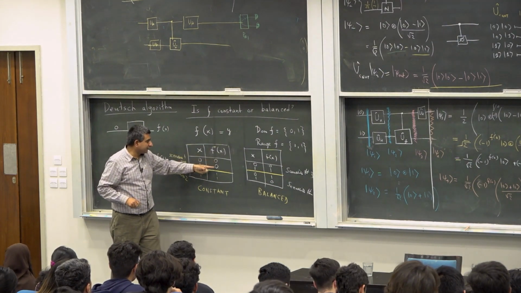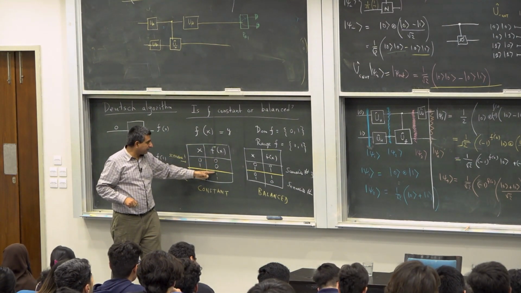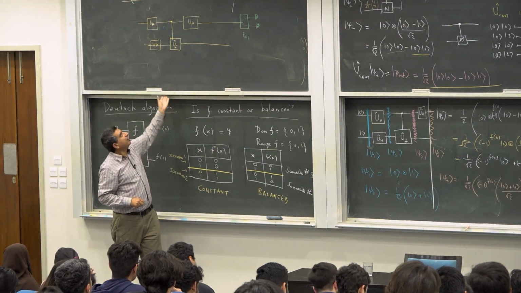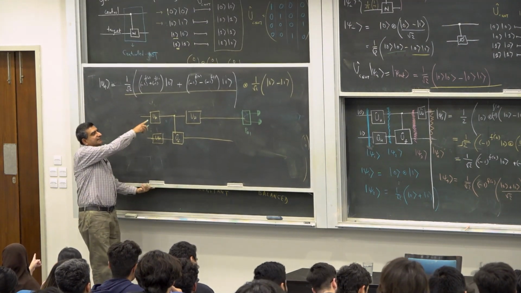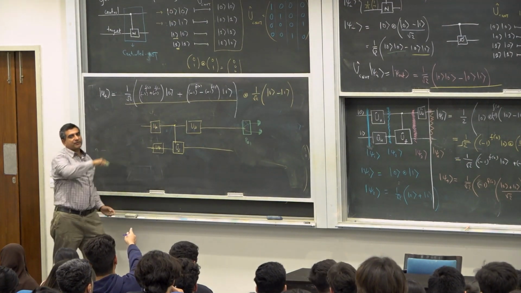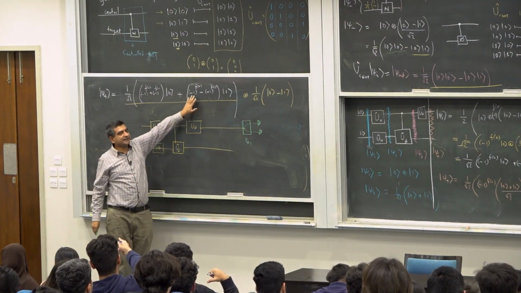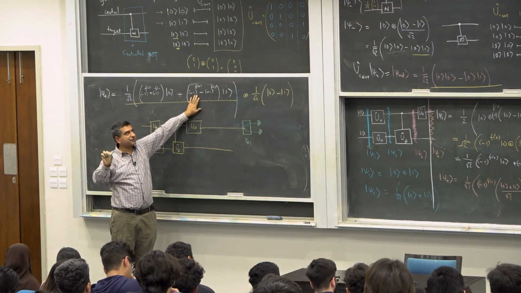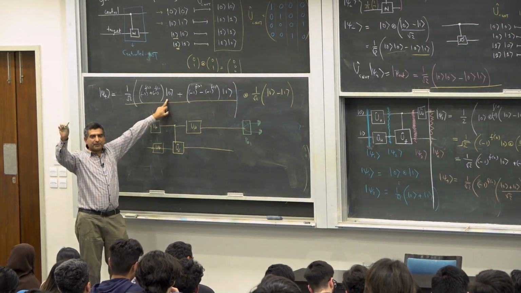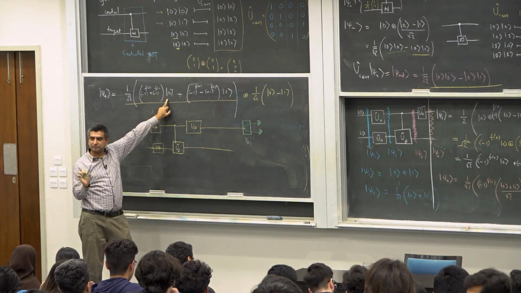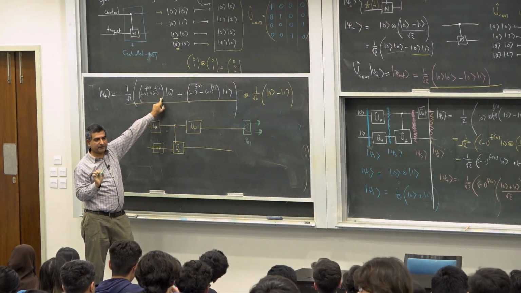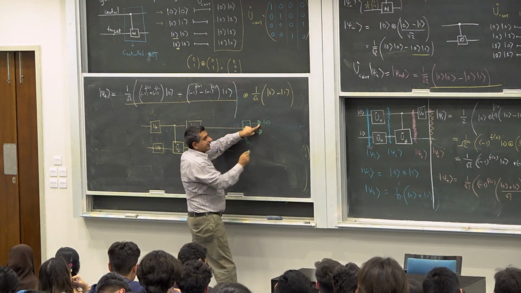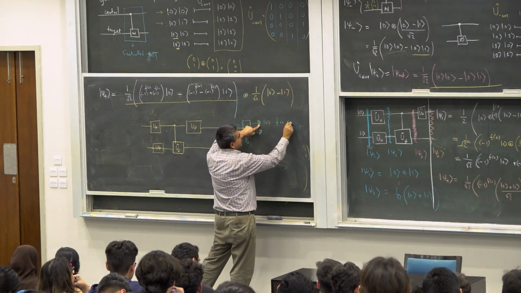So f of 0 is the same as f of 1. So if the function is constant, which of these terms is going to cancel out and which is going to survive? So this is going to cancel out. So if my function is constant, my output on the first qubit is going to be ket 0. This term is going to survive. So ket 0 means if this detector clicks, the function is constant.